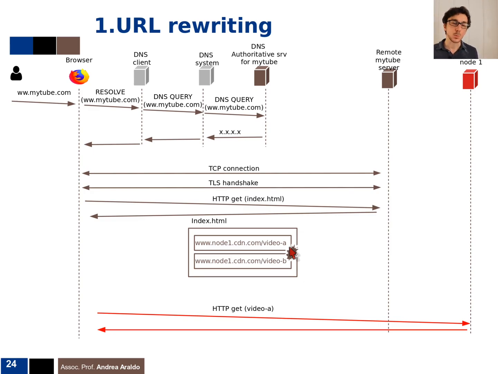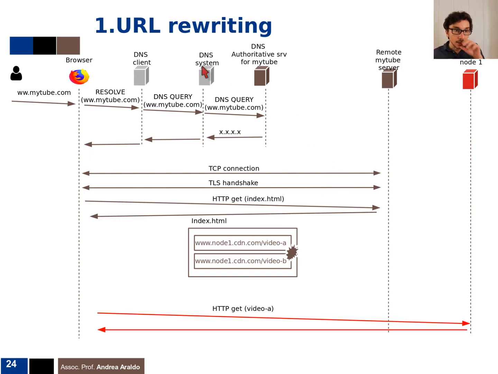So this is conceptually simple. Of course, before sending the HTTP GET to the CDN1 node, another DNS resolution must happen to resolve www.node1.cdn.com to an IP address, etc. But this is not important for us.